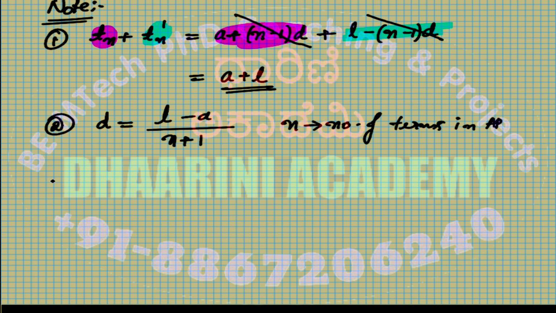Right. Now, another point to remember with respect to AP. Let's say we have the terms Tn, Tn plus 1 and Tn plus 2 in AP. So this means they are consecutive terms: present term, next term, and the next term.